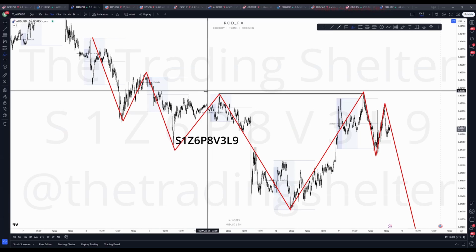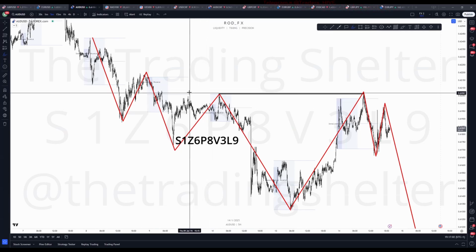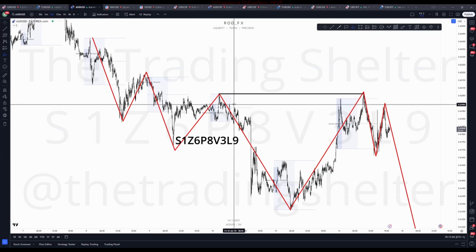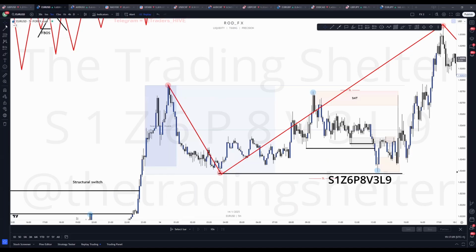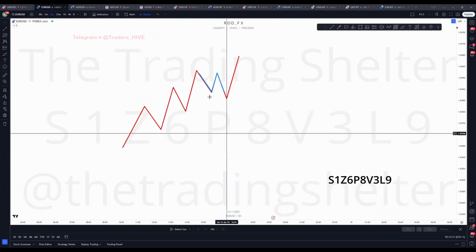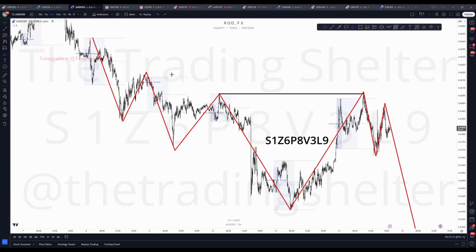I hope this is clear. It's exactly the same thing. This example is the same as this example, but in the opposite direction. Do you see it?